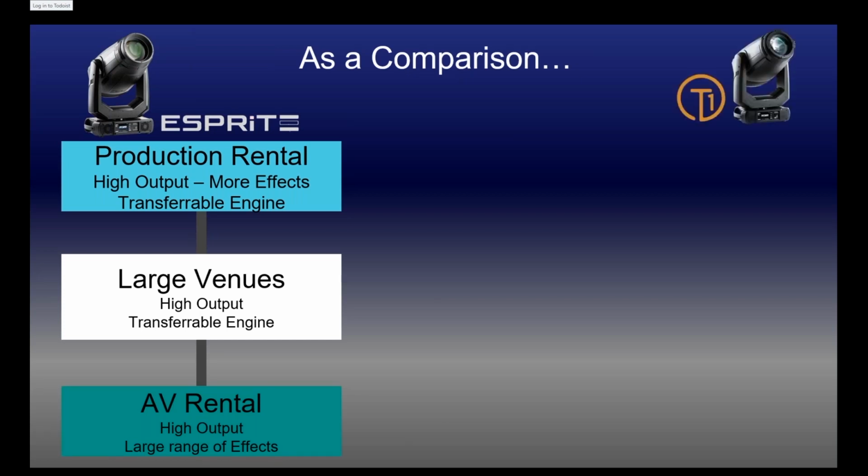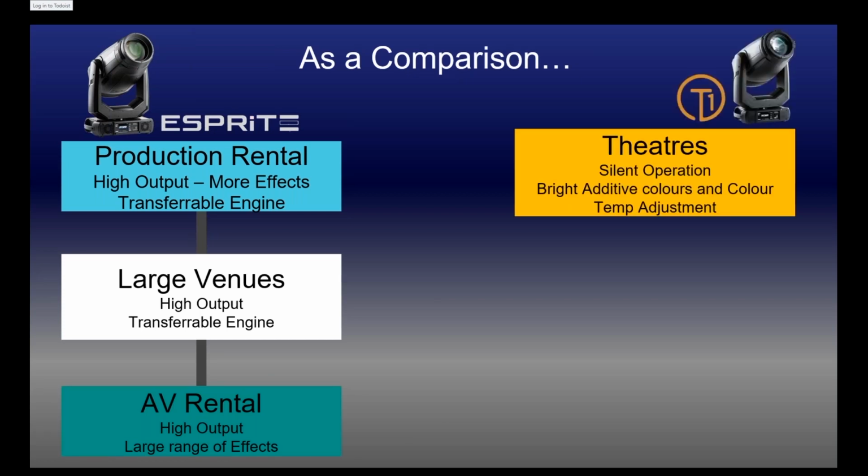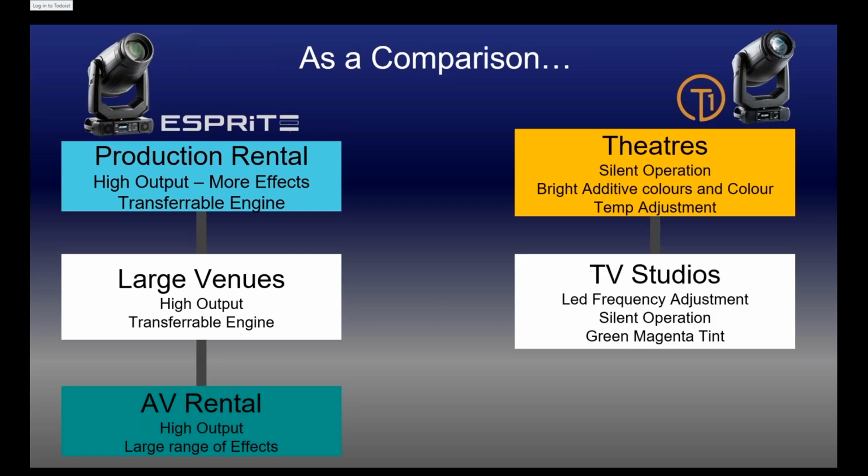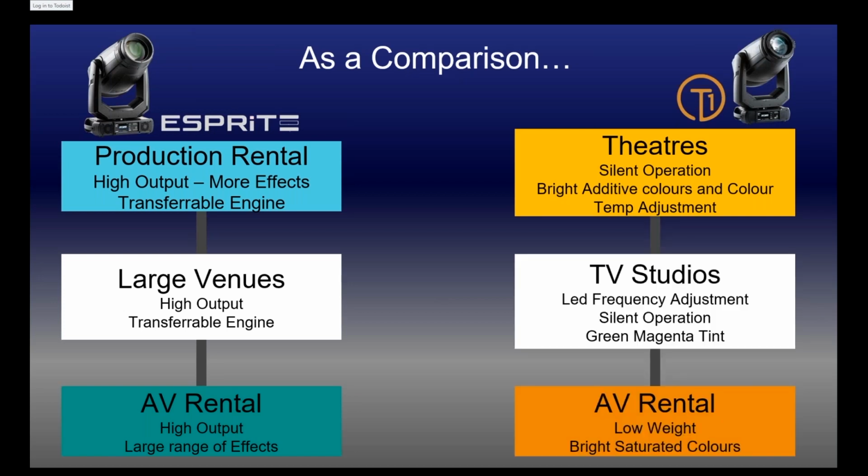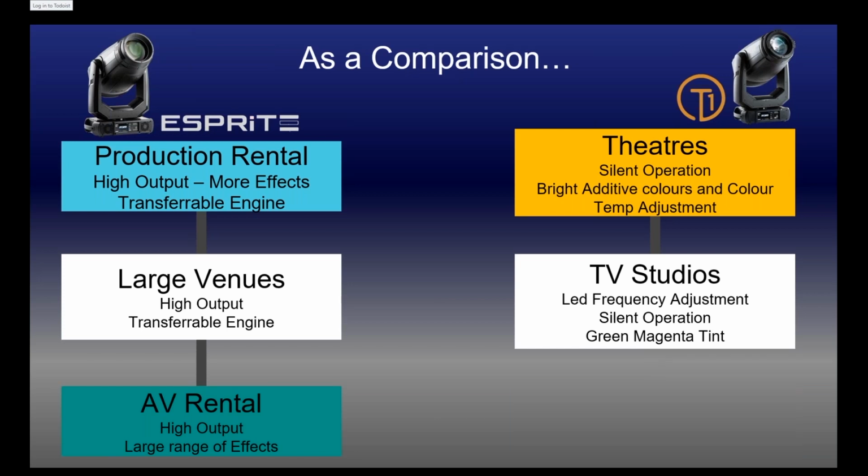When you look at a comparison of a different moving light, we look at theaters, TV studios, and again, AV rental is another space that could be used. But essentially for these two applications, a theater and a TV studio, you need high color spectrum, you need very good color rendering, you need all of those things that come out of a multispectral source.